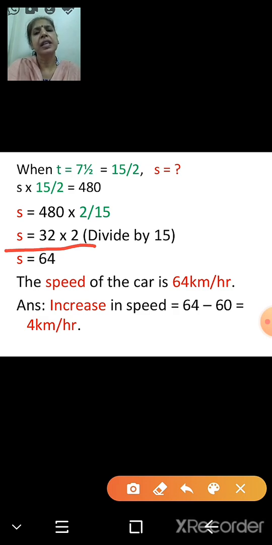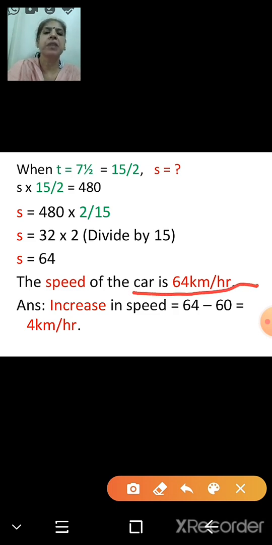Children, you can do it directly. Divide by 15, so it is 32. 480 divided by 15 is 32. Multiply by 2: 32 multiplied by 2 is 64. Now the speed of the car is 64 km per hour, because S is 64.